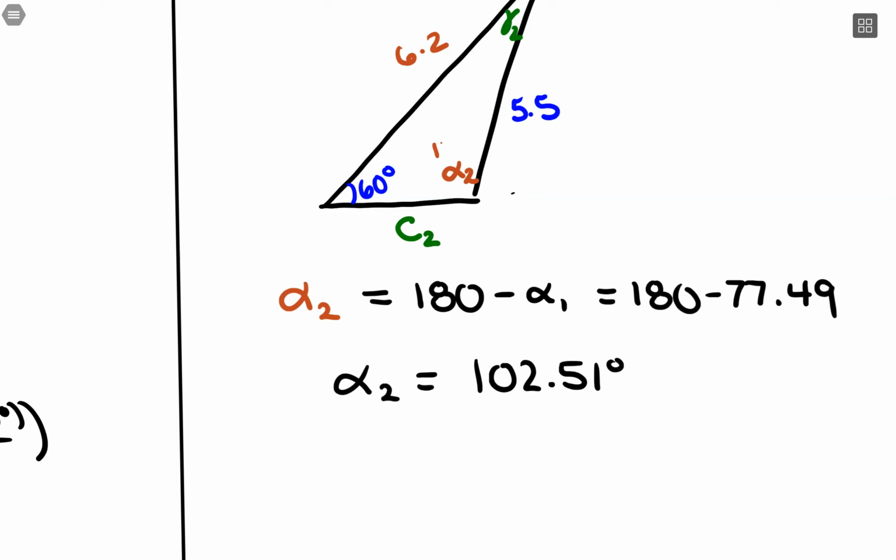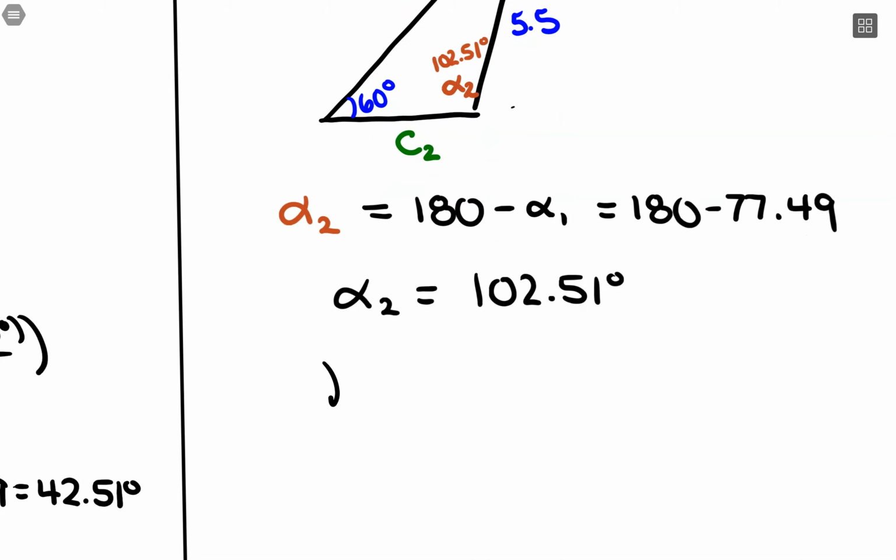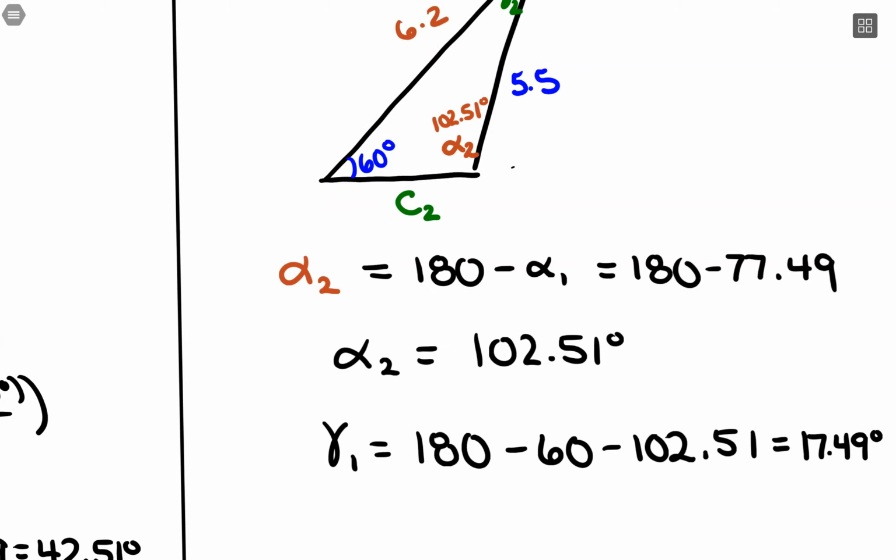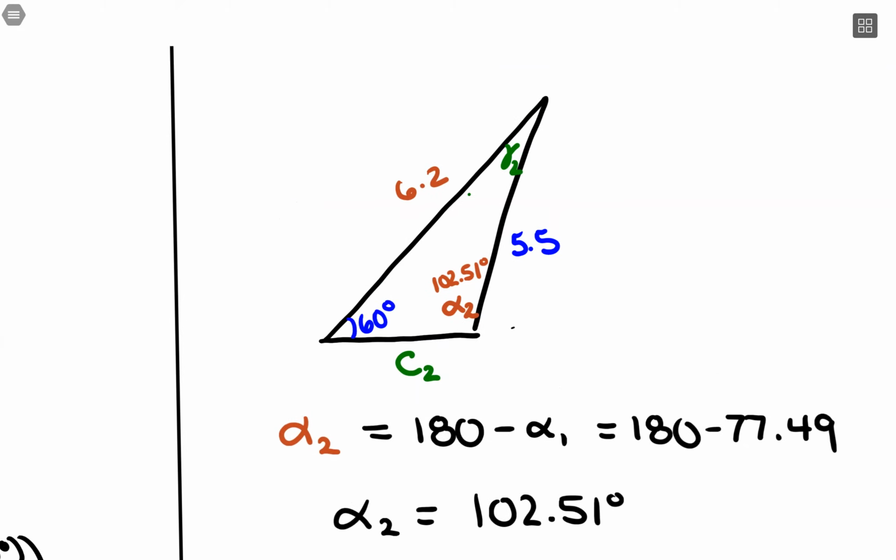So that's our obtuse one here. There's our 102.51 degrees. And then gamma is just going to come from the 180 degree rule for our triangles. So subtract 60, subtract 102.51, and that'll give us gamma of 17.49 degrees. Let's see if I can fit that in there.